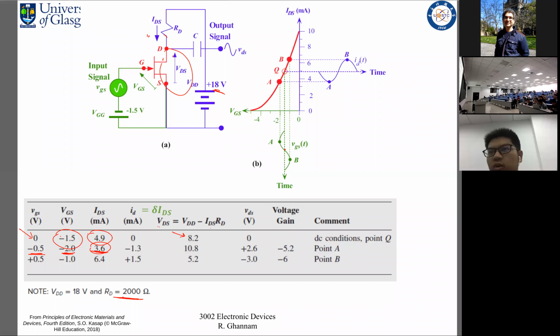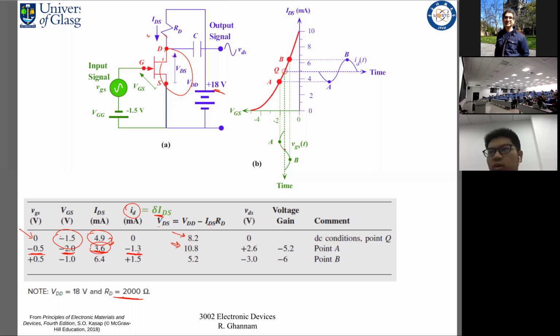So the change in IDS, as you can see, is minus 1.3. From here to here, the change in IDS is minus 1.3. Because of this change in IDS, we can now determine our new VDS: VDD minus IDS times RD.